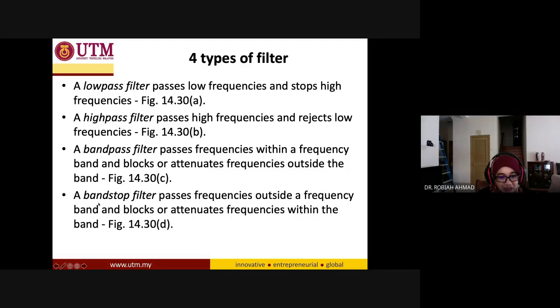And what about a band stop filter? The two are different. If you look at the figure, a band stop filter passes frequencies outside a frequency band and blocks or attenuates frequencies within the band.